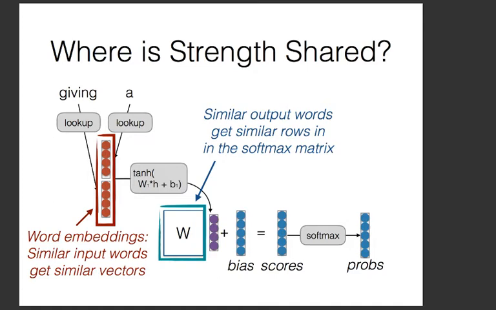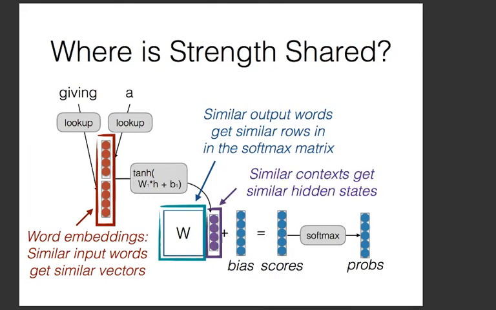On the other hand, this matrix of softmax parameters basically will be similar for words that appear in similar contexts. If we have two words that we need to be predicting similarly in similar contexts, probably purchased and bought will appear in similar contexts, cow and cattle will appear in similar contexts, and the entries of the weight matrix corresponding to those words will be similar.